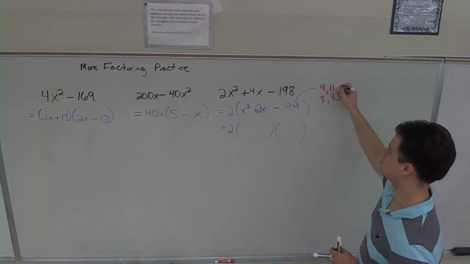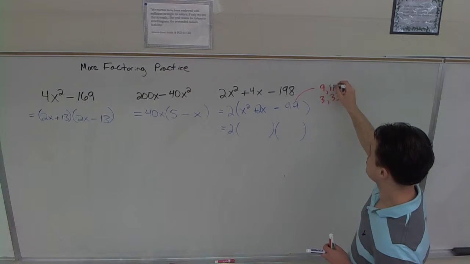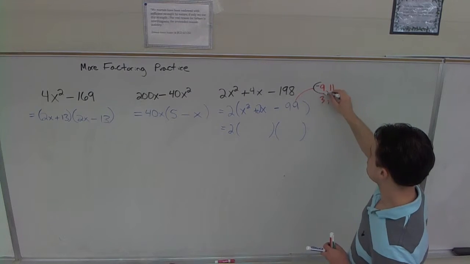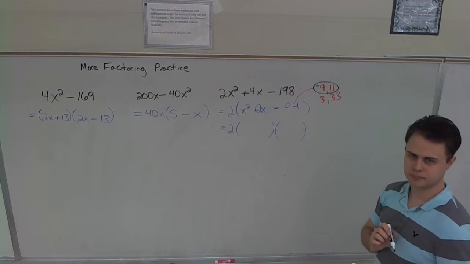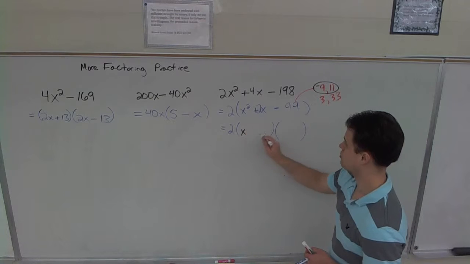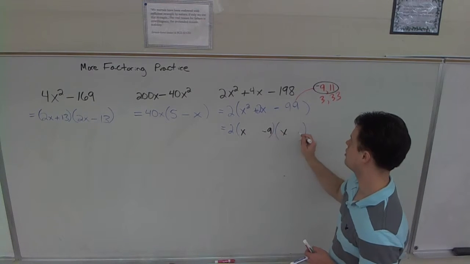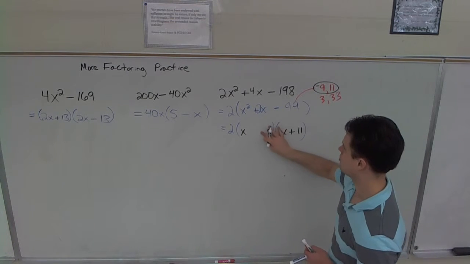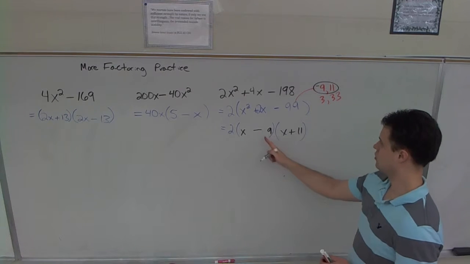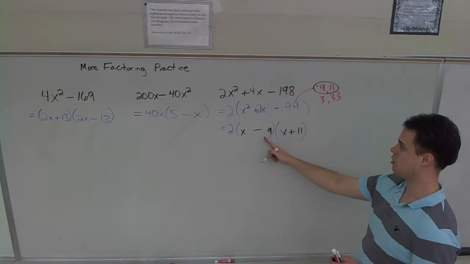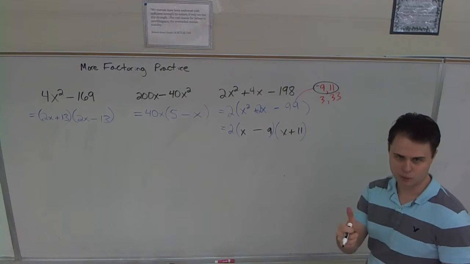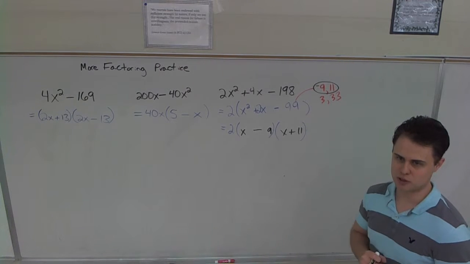And then how do we work this? Like that. x, x, -9, +11. Make my negative big. That times that's -99. That plus that is +2. That works. Otherwise we'd have to say not factorable.